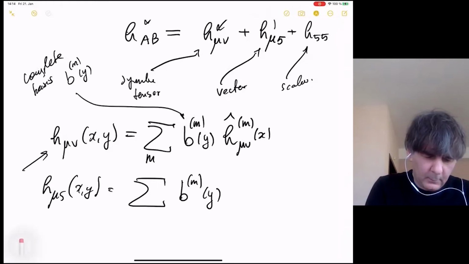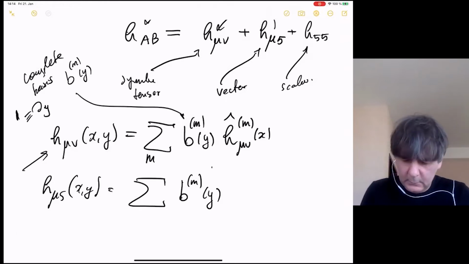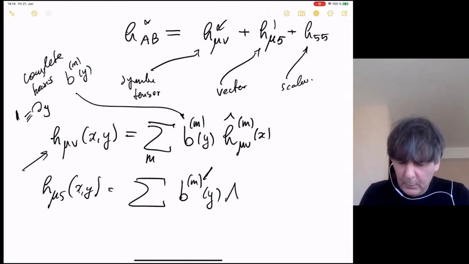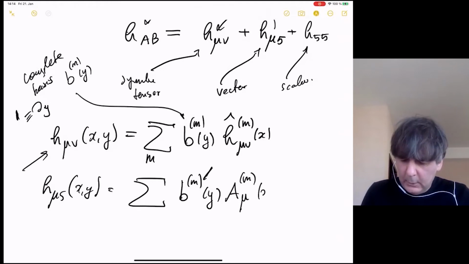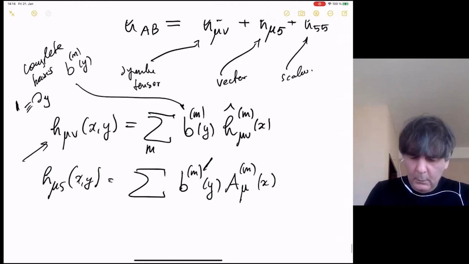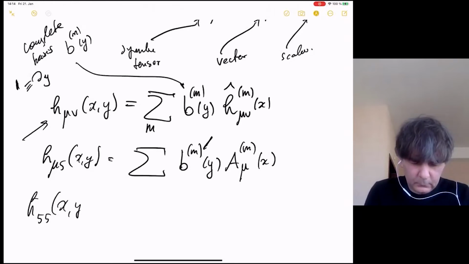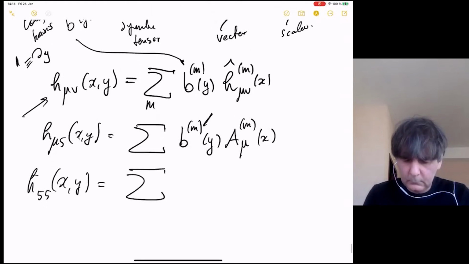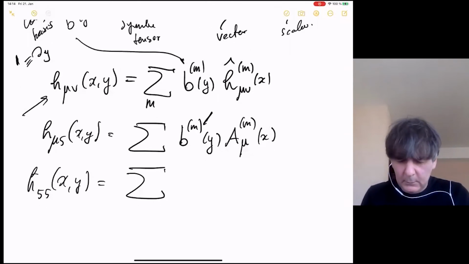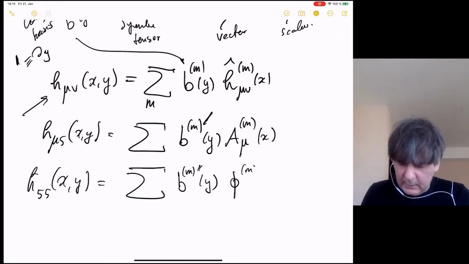Prime will be the derivative with respect to the extra coordinate. So let me put prime here, and let me call this a vector with index mu and x. We'll do a similar thing for 5,5, except here it's convenient to take the second derivative of this object and call this a scalar phi, which has no index mu.